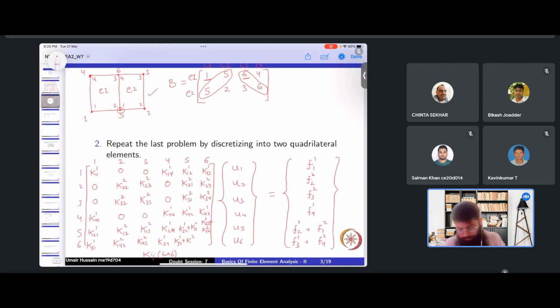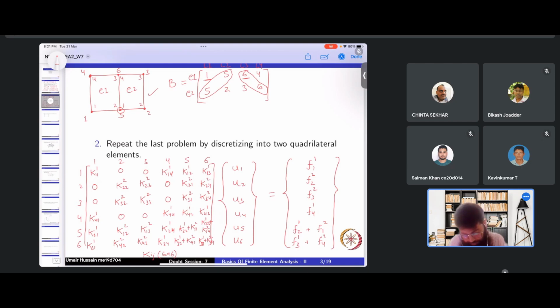And for element 2, it's 4 1, local node 4 and 5 is local node 1. And again 6 6 is there in both elements. For element 1, 6 is local node 3, so 3 3, and for element 2, 6 is local node 4, so 4 4.